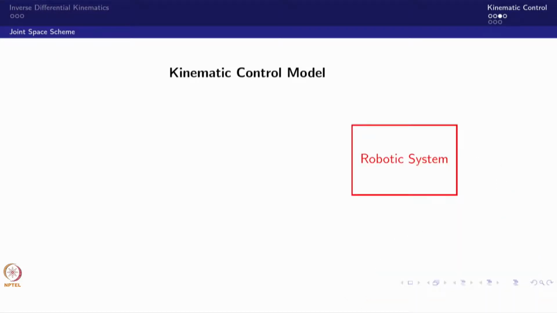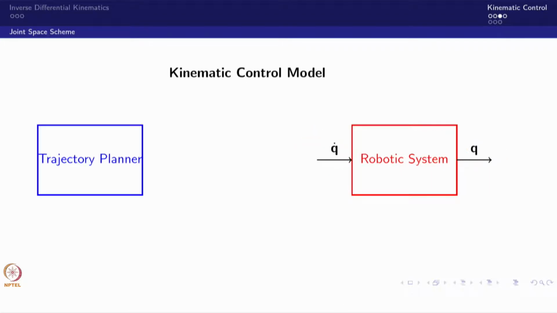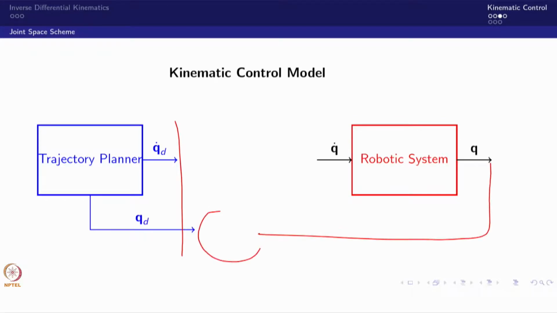Before that, we will see the same thing in a block diagram. The robotic system will give these two. Okay. So this is the output and this is the input. Now we are trying to see what the trajectory planner will give, since it's in joint space. So it will give q desired dot and q dot desired and q desired. These are all inputs, and I take this and calculate the error and multiply with lambda.